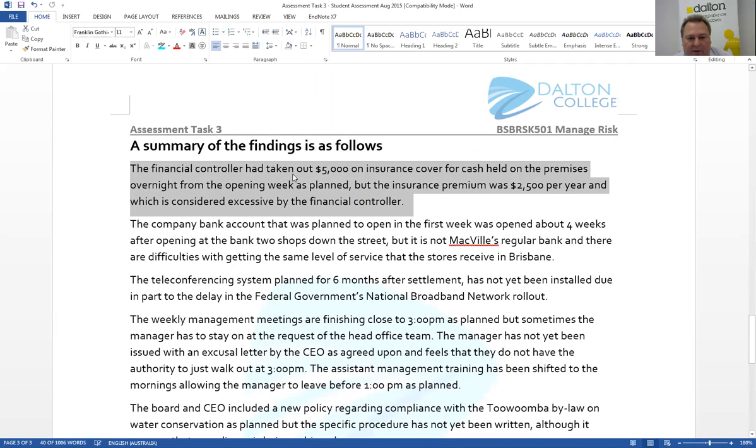So you need to go through this carefully, and at this stage start formulating your responses, because this information, along with others there, is sticking out at you. So they've taken out $5,000, but the insurance, follow the word, but the insurance premium was $2,500 per year. So I've listed that information in my table there.